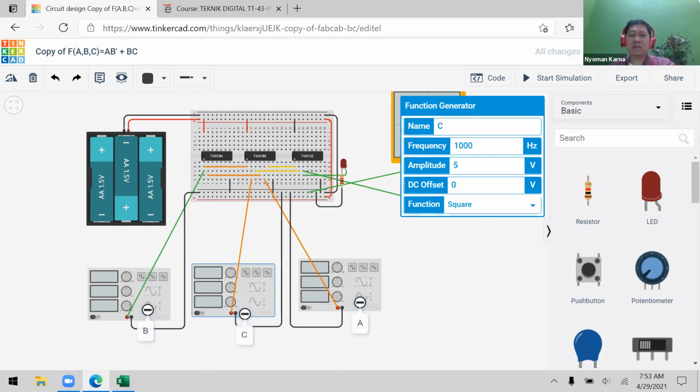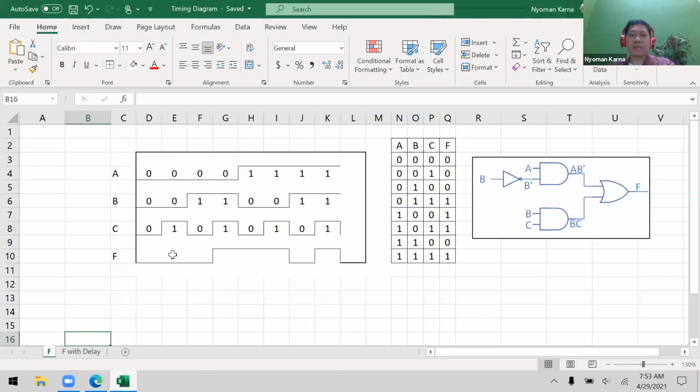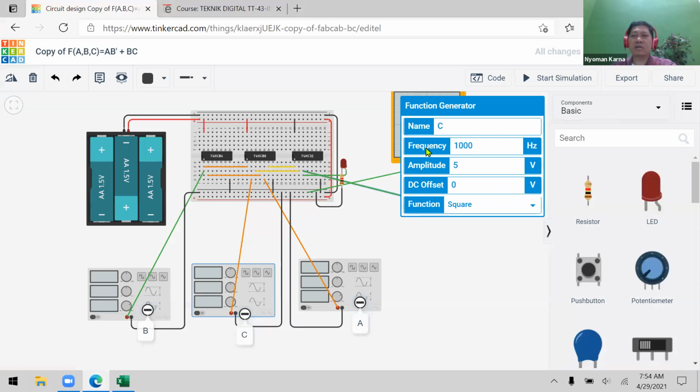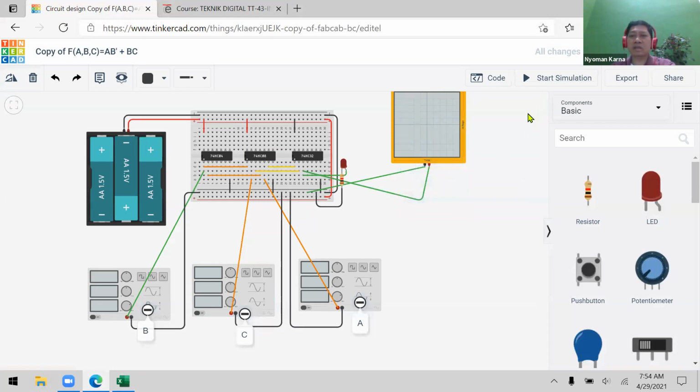That means C has a higher frequency compared to A and B, just like this. The period of A is 4 times C, and the period of A is twice that of B. Okay, now let's try to start the simulation.